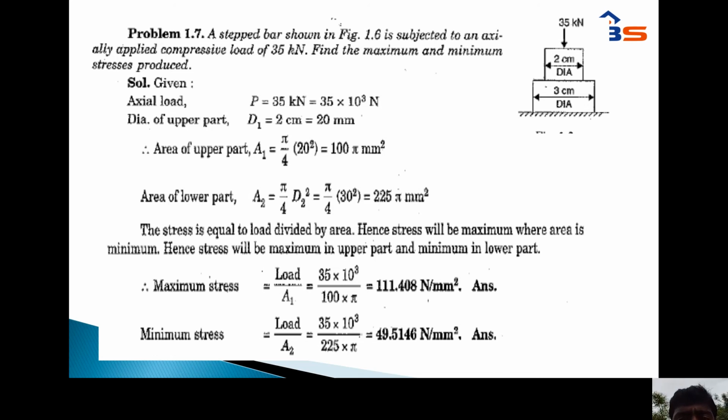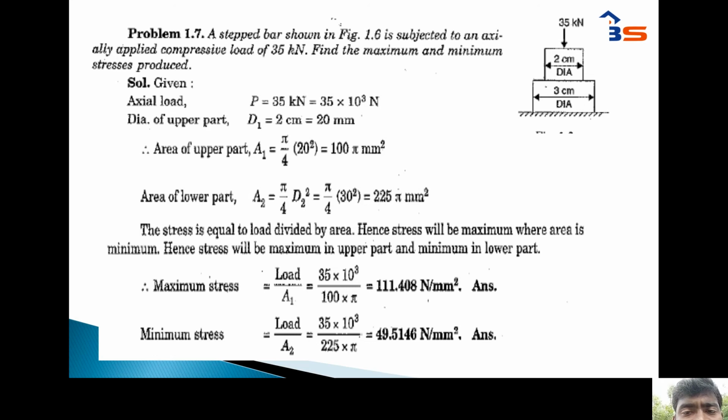Therefore, A2 equals pi by 4 into 30 square, that equals 225 pi mm square. The stress is equal to load divided by area, hence the stress will be maximum where the area is minimum.